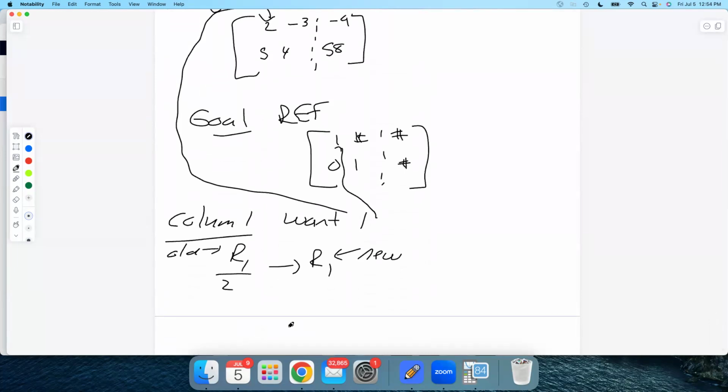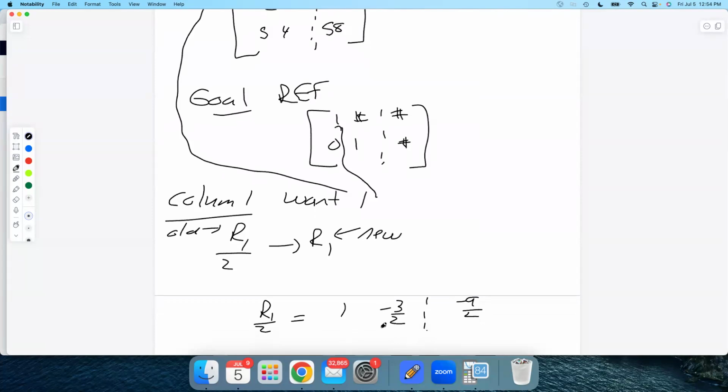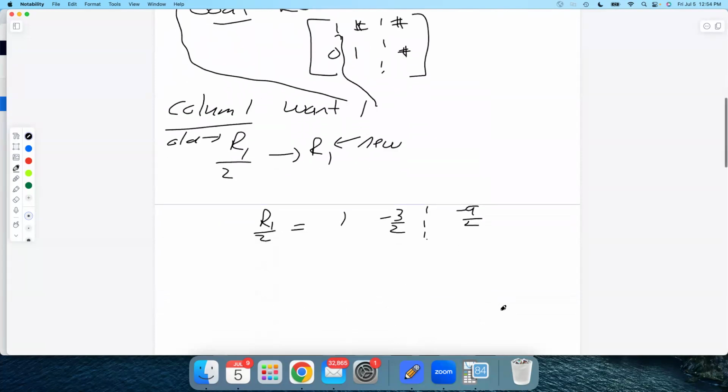So what do we get? Row 1 divided by 2 will be 1, -3/2, -9/2. We're going to have some fractions here. We're just going to deal with it. So now my matrix will be, leave row 2 alone for now.